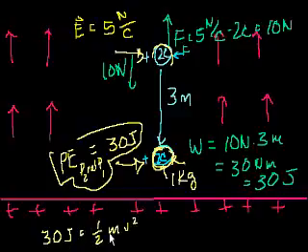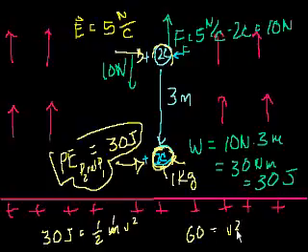We know the mass, I said, is 1. So we get 60 is equal to v squared. So the velocity is the square root of 60, so it's 7 point something meters per second. So if I just pull that charge down, it has a mass of 1 kilogram, and I let go, it's just going to accelerate and be going pretty fast once it gets to this point.